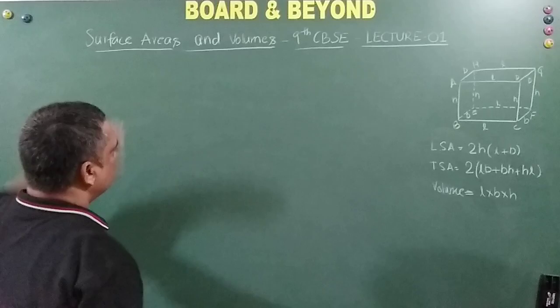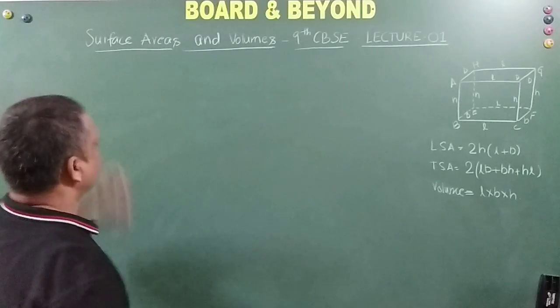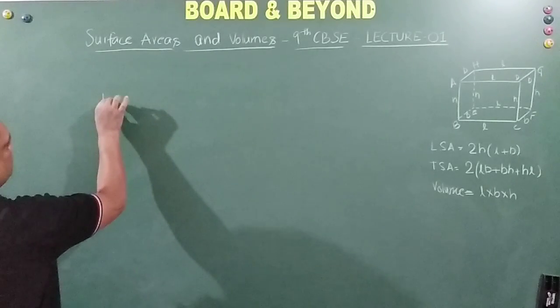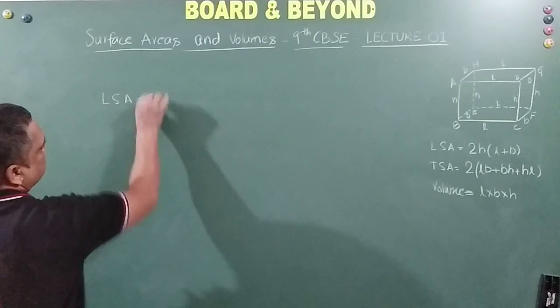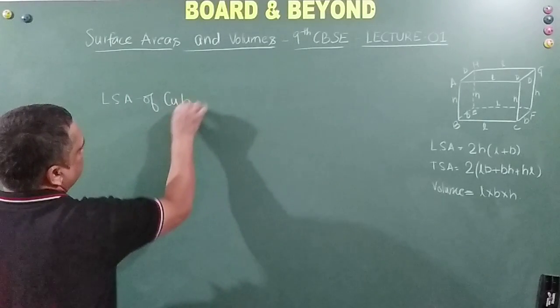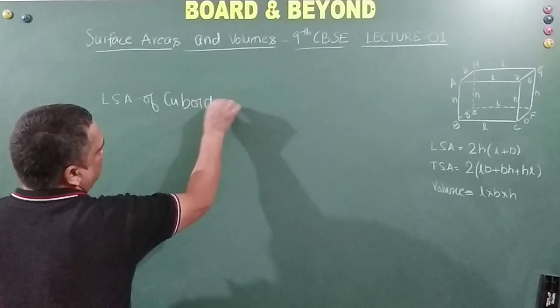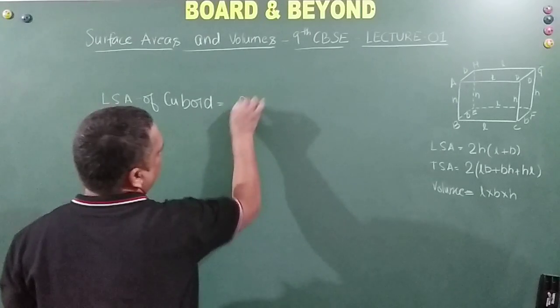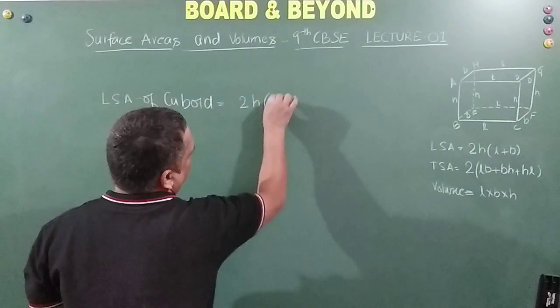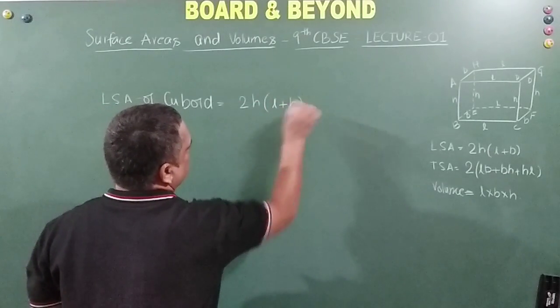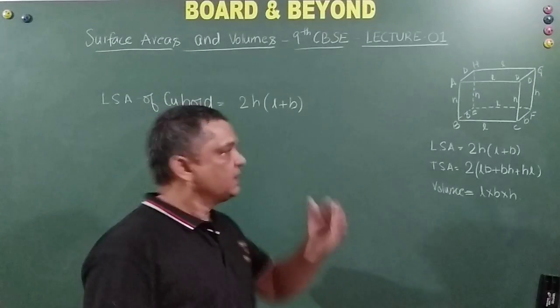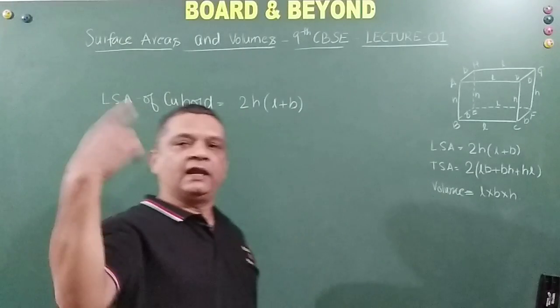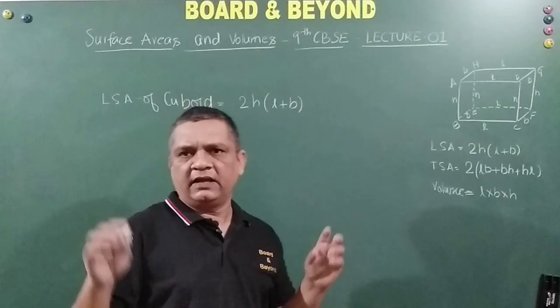Now coming on to finding out the lateral surface area of a cube. So lateral surface area of a cuboid is how much, my friends? 2 into h into L plus B, correct? Now, when I am talking about a cube, what happens? All these dimensions become L, or it is all the same.